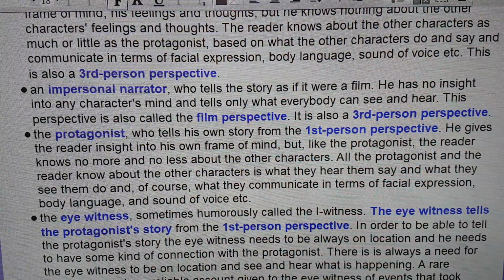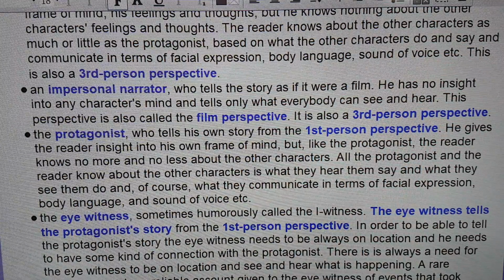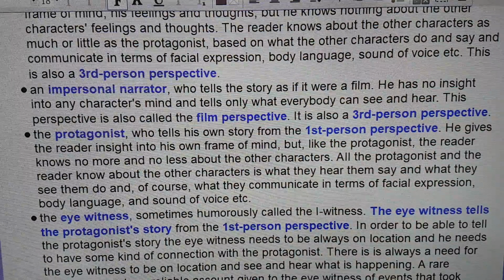Mostly authenticity and reliability are created and established by the observer being on location and seeing what is happening, hearing what is being said, and then reporting to you. Okay, so these are the 5 narrative perspectives that I would like to introduce to you.